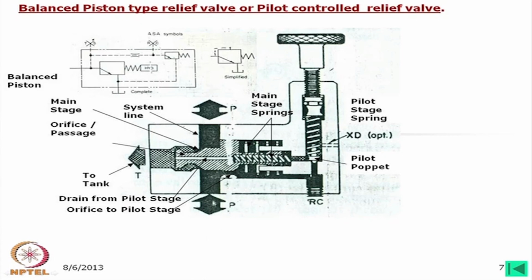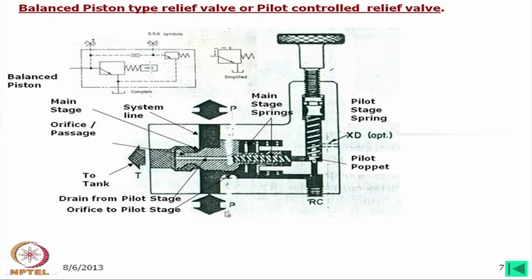That means the system line is passing through inside the valve. It is not that we are externally fitting to the system line; it is directly put inside the system line.